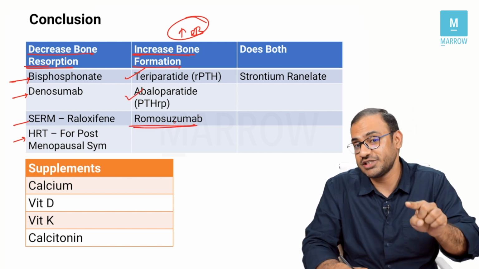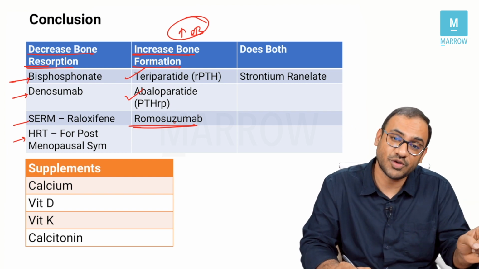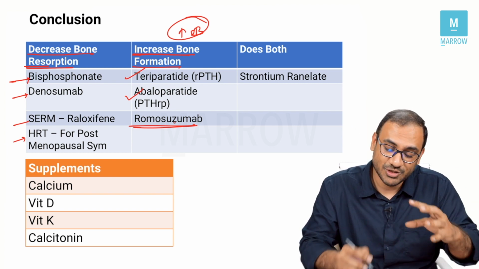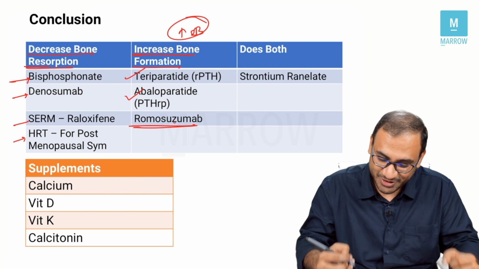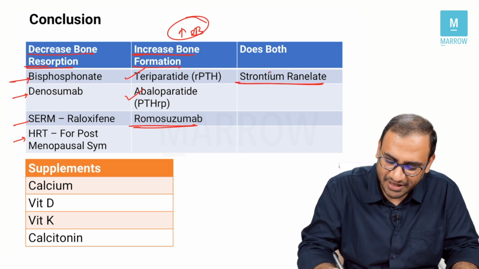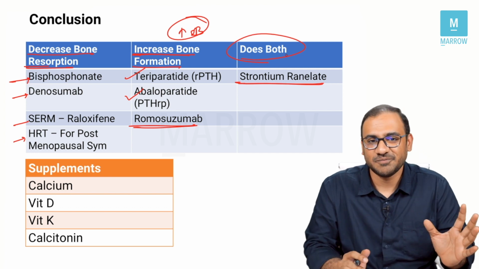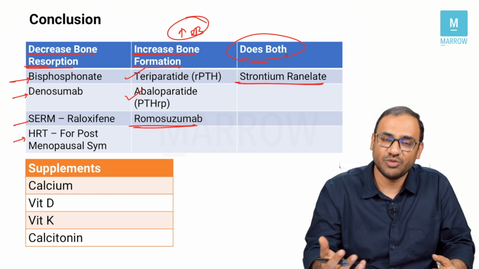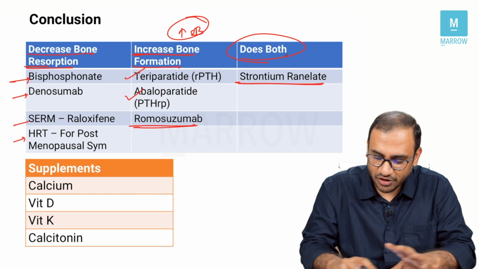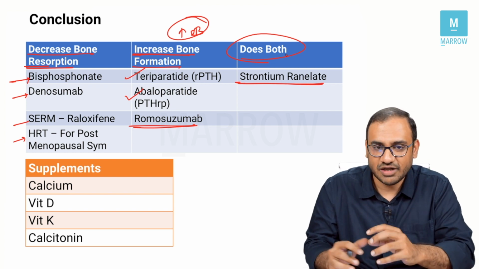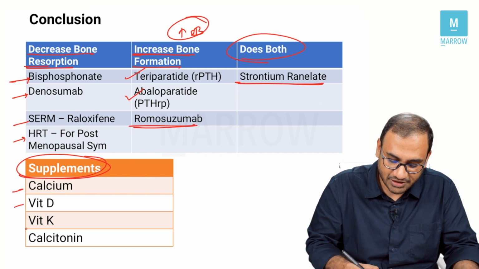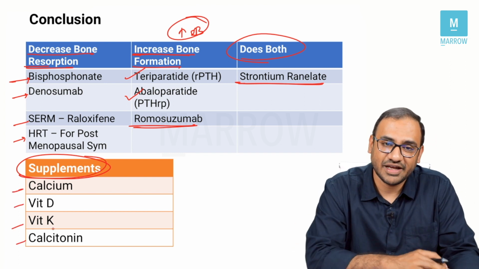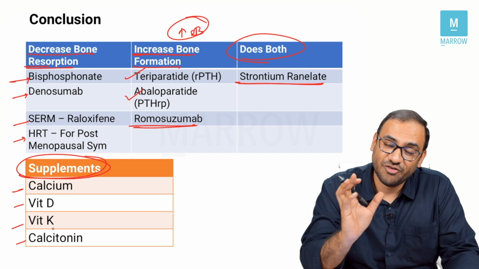Romosozumab, which is a sclerostin inhibitor, and sclerostin inhibits osteoblasts. So you are inhibiting the inhibitor, thereby increasing the activity of osteoblasts. And finally, strontium ranelate, the wonder drug that does both, decreases bone resorption and increases bone formation. But unfortunately, we do not use this anymore. The manufacturer himself has withdrawn the drug from the market. The supplements that we use are calcium, vitamin D, vitamin K, and calcitonin for pain.